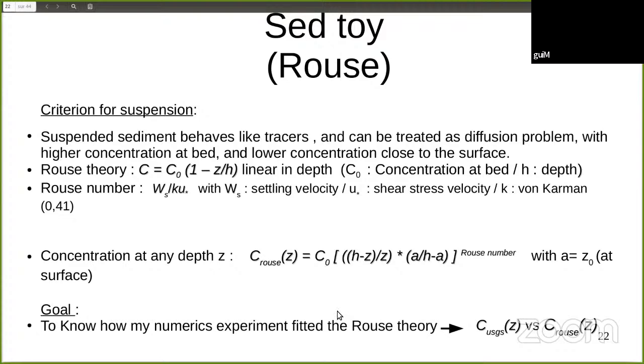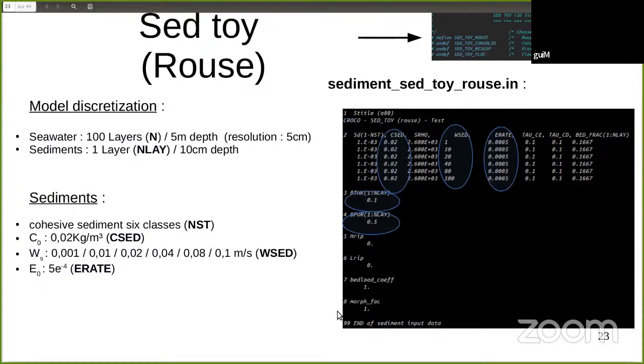The idea here is to see if CROCO fits well the Rouse theory. Before showing the result, I have to show you what we put in the namelist dedicated to these test cases. We have the same concentration in the water column, but different settling velocity for each mud, for each cohesive class.